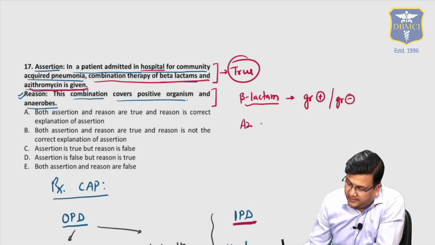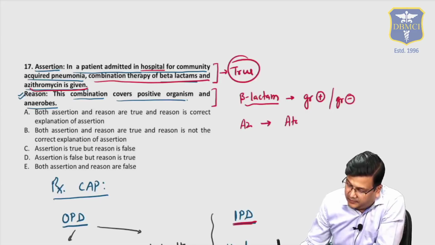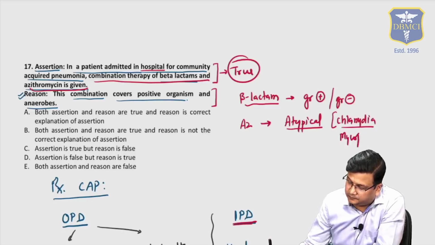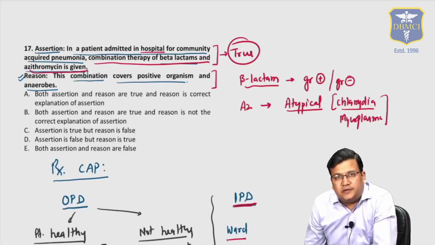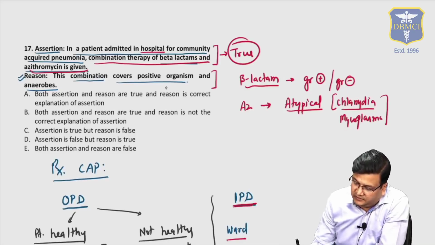Azithromycin is added to cover mainly atypical bacteria like chlamydia and mycoplasma. So out of these two combinations, none of the drugs is very effective against anaerobes. So this reason is false.